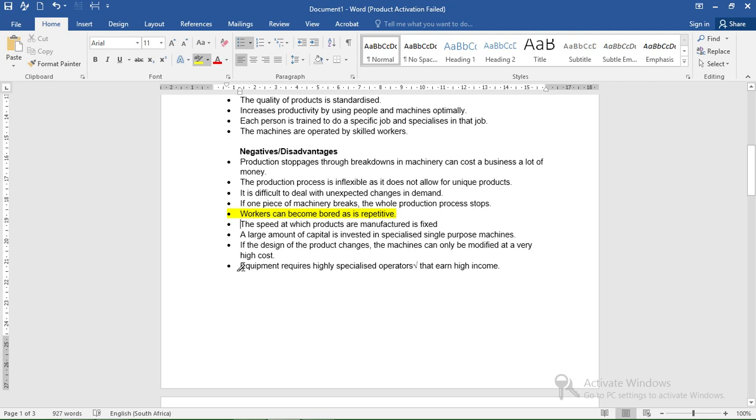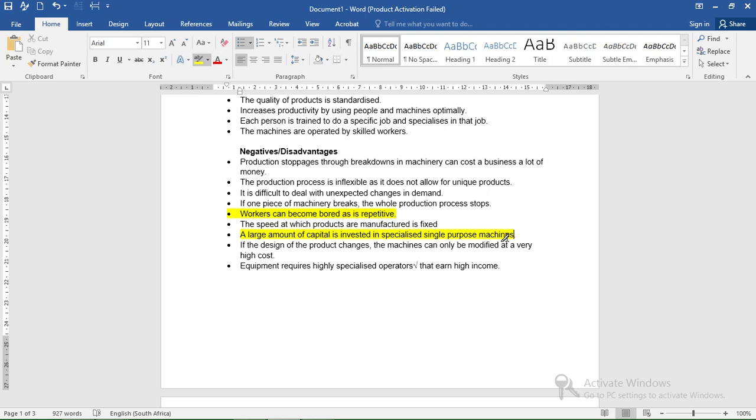And also, if the machine equipment requires highly specialized operators that earn high income, a lot of money, of course, and it is capital intensive, meaning that large amounts of capital need to be invested in buying those machines. Machines that are used in mass production are quite expensive, and therefore it requires a lot of capital.